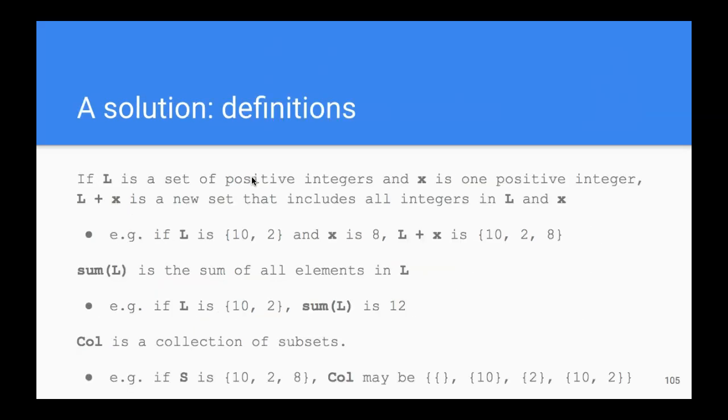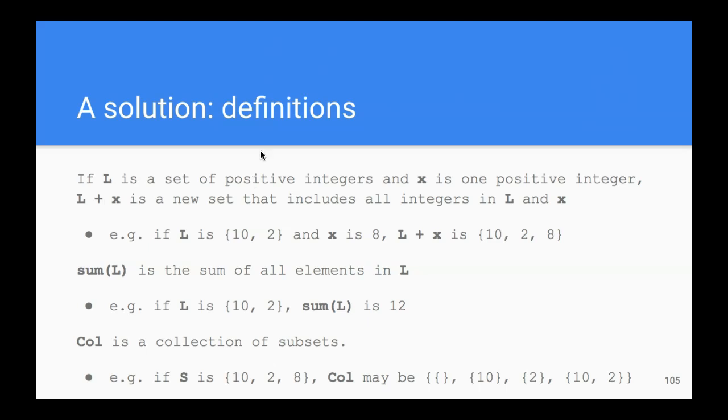Okay, so now that we conceptually know how the solution works, let's have the formal solution written in pseudocode. Before we can present a solution, let's get some definitions out of the way.